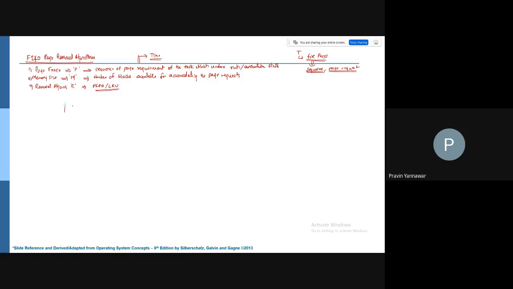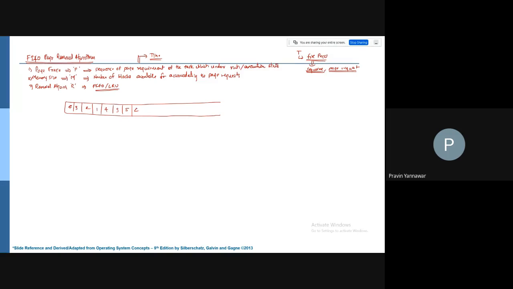So let us try to understand a simple page removal algorithm. We are going to have some page requests here. Say 4, 3, 2, 1. Then again we have 4, 3, 5.